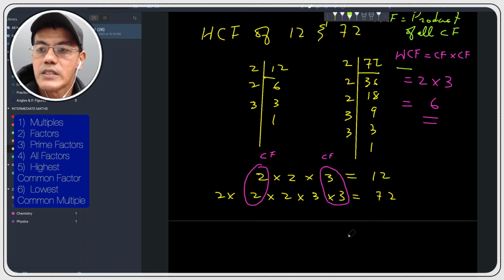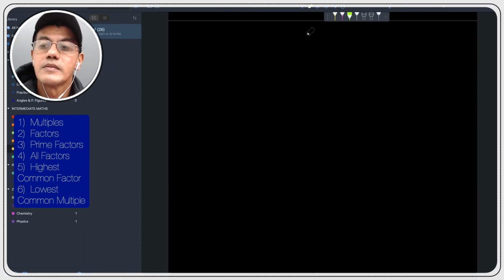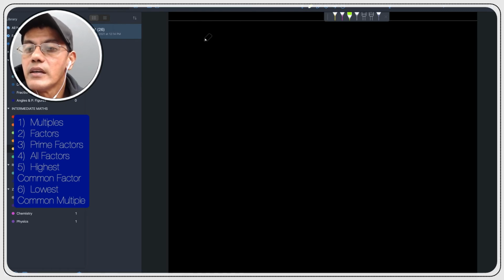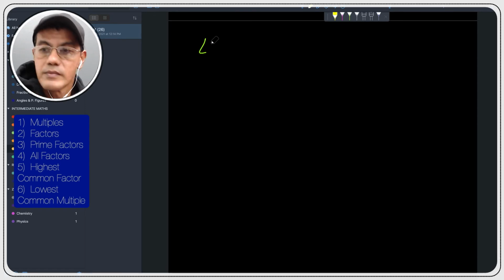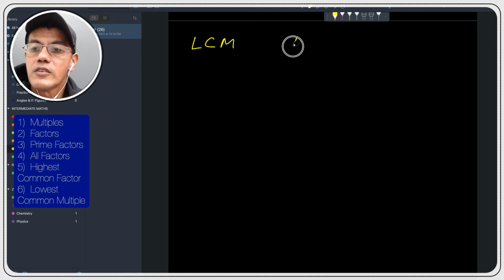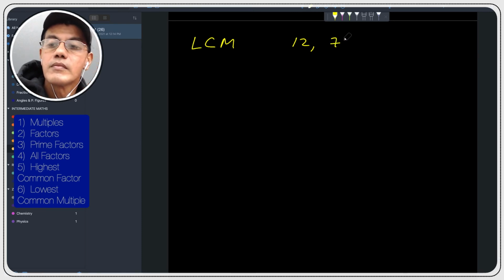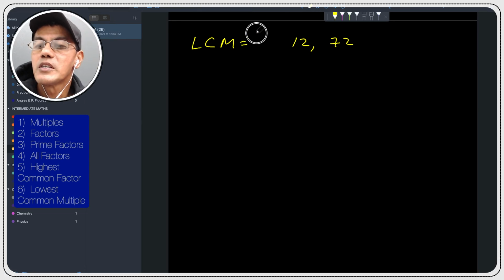All right, so let's move on to lowest common multiple, LCM. Let's look at the lowest common multiple of 12 and 72 again. We want the lowest common multiple of 12 and 72.